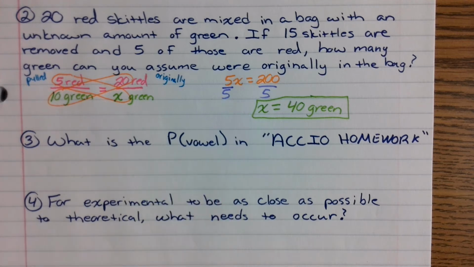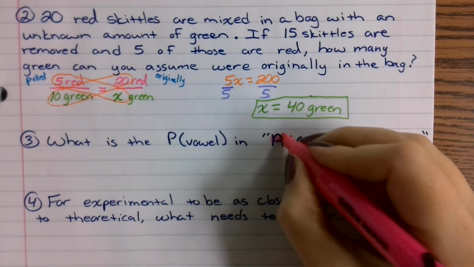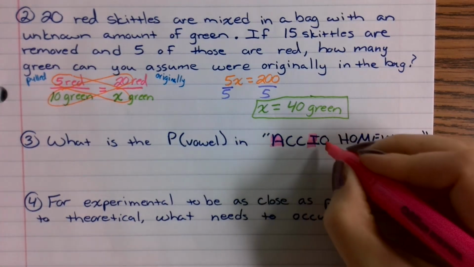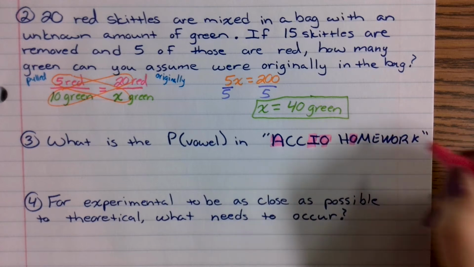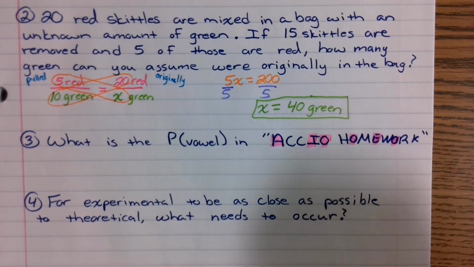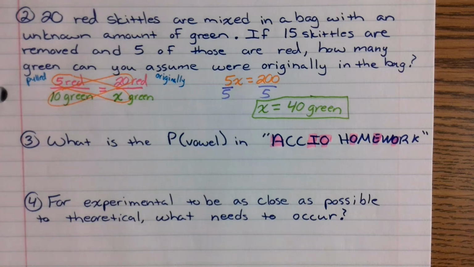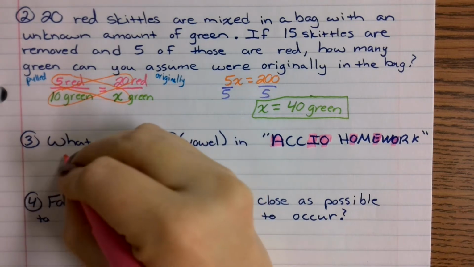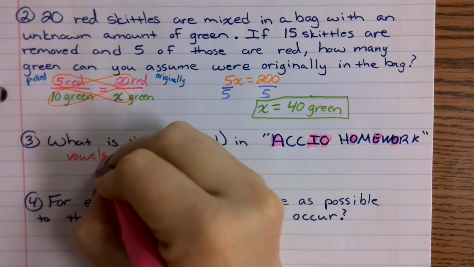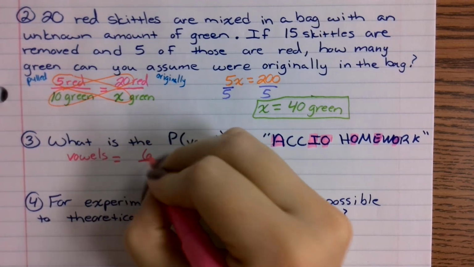So a vowel, A-E-I-O-U. Okay, those are our vowels. So we've got A, I, O, another O, E, and another O. How many vowels did I highlight? 6. I highlighted 6. So the number of vowels that I highlighted were 6.